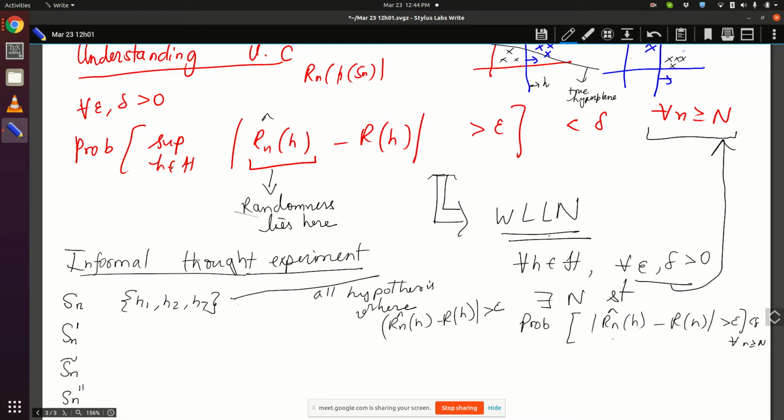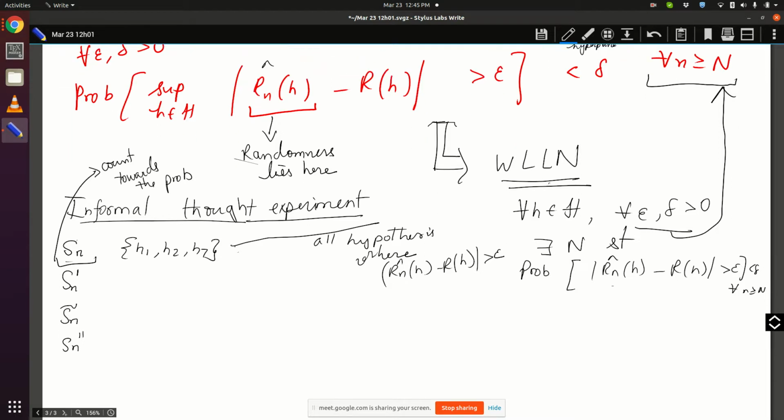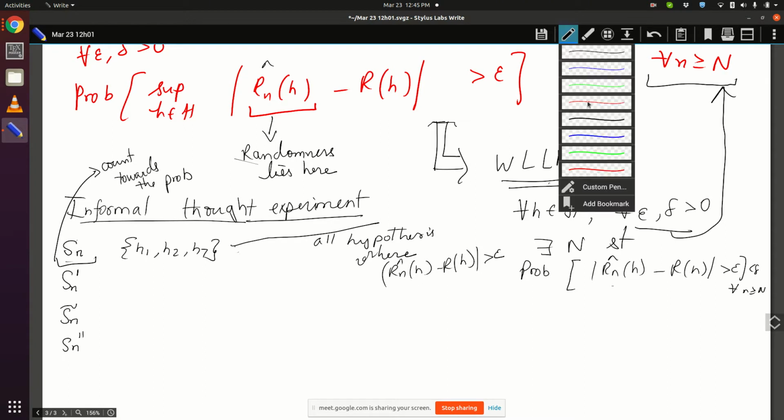So when I say supremum greater than epsilon, this Sn will count towards the probability, because this set is not empty. I don't know if you are understanding this, but let me write again in some other color.